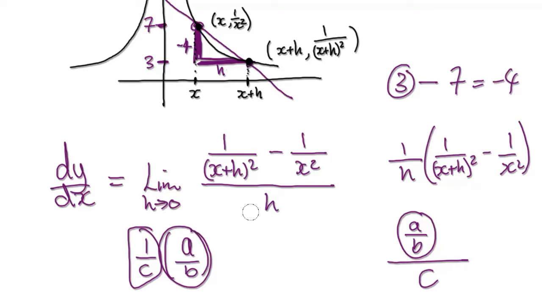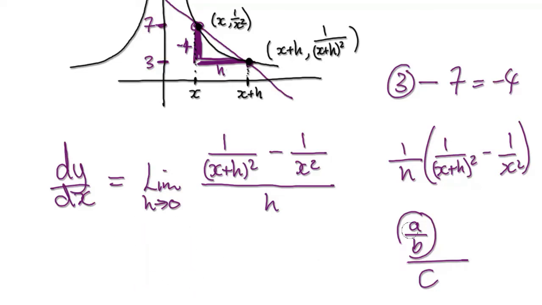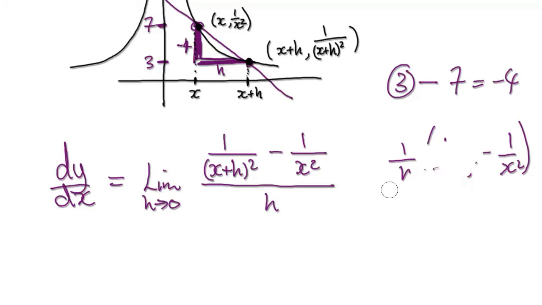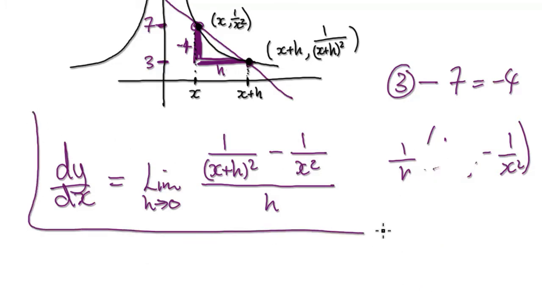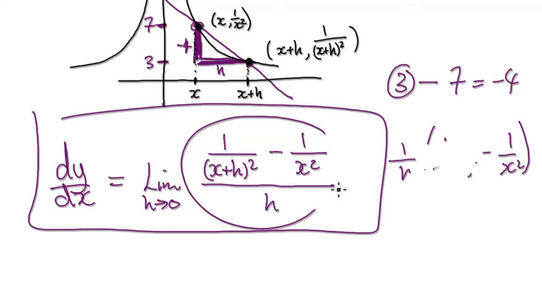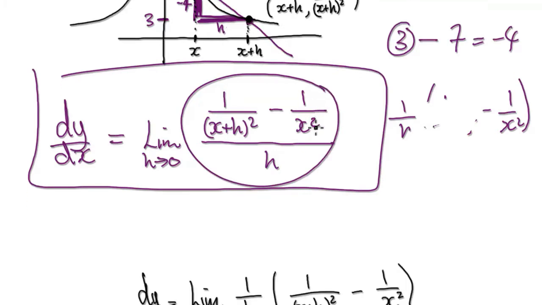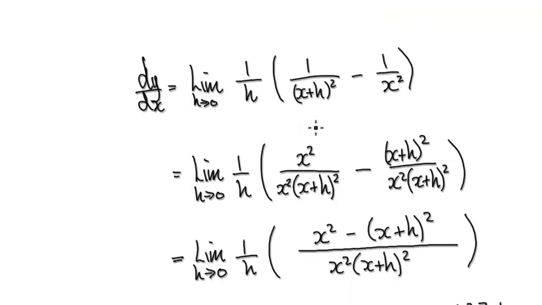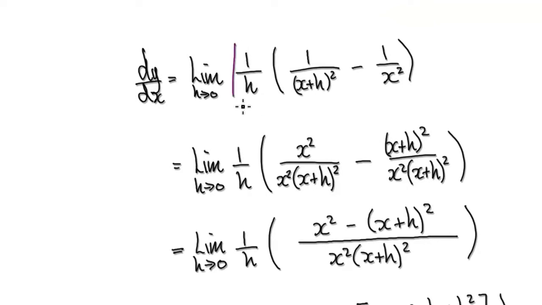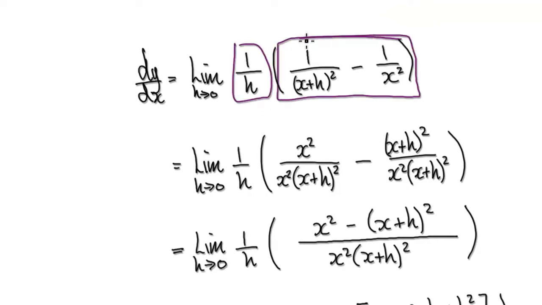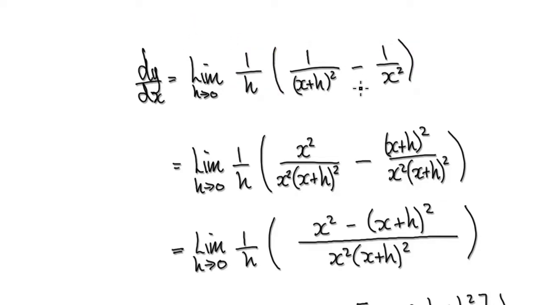So we are currently here. So we can rewrite this thing here as 1 over h times our numerator from earlier. So now just rewrite in this form. It makes life a bit easier. So now we've got to work out the limit. So merge these two fractions together.